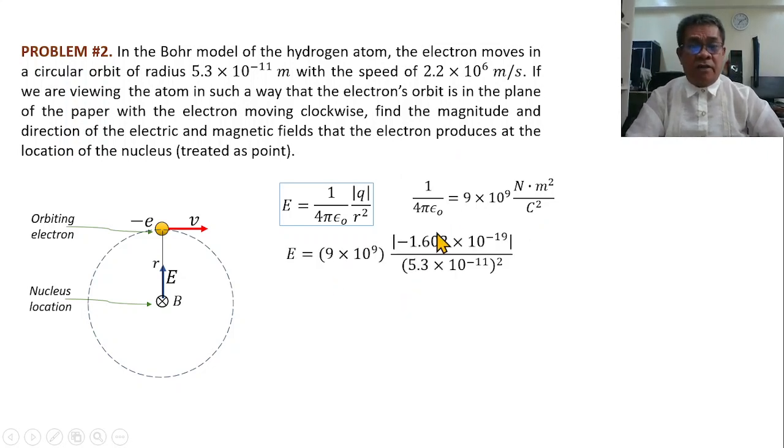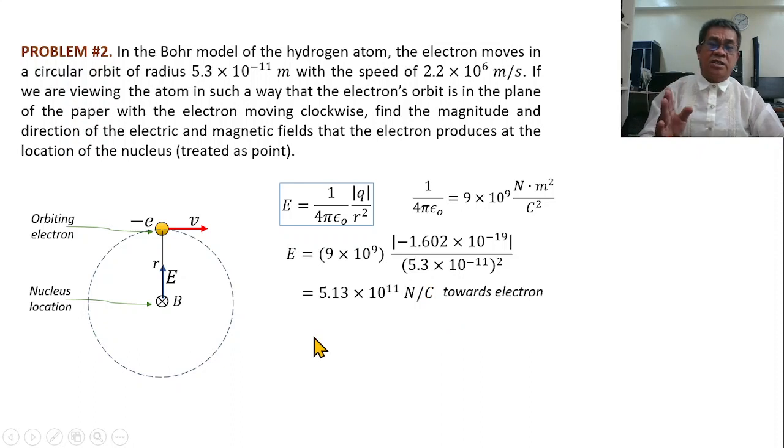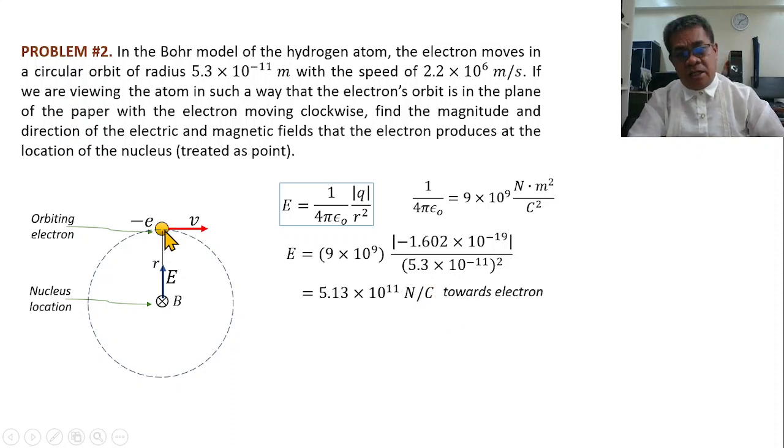Then, substituting the values, this is the electric constant, this is the absolute value of the electron charge, and this is the distance from the nucleus to the electron, which happens to be the radius of the circle, 5.3 times 10 raised to negative 11 meter, squared. Simplifying, the result is 5.13 times 10 raised to 11 newton per coulomb. This is the magnitude of the electric field, and the direction is always towards the electron. Meaning, as the electron travels around the circle, the electric field is always directed towards that electron.